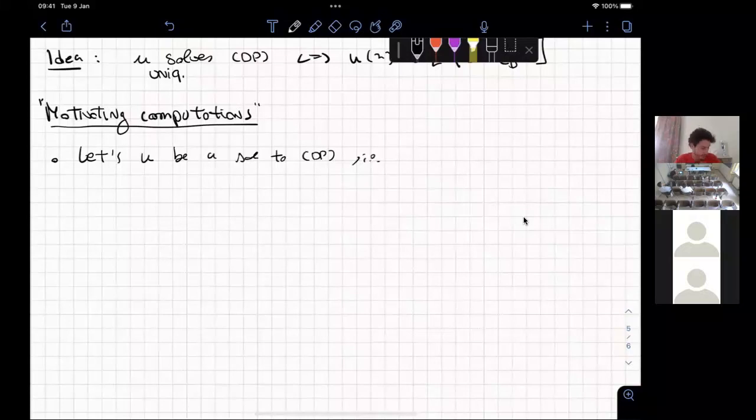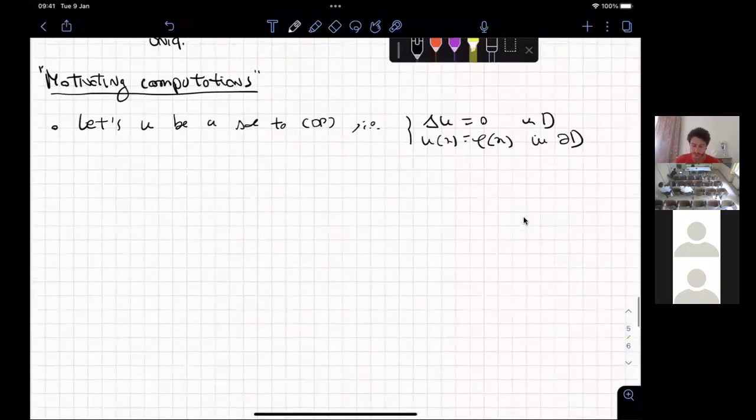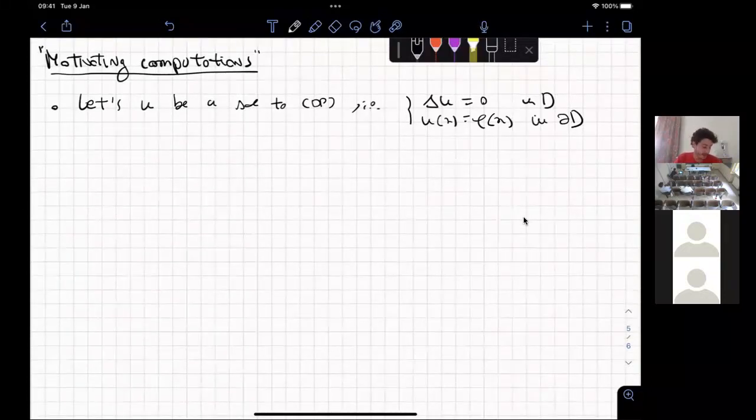That means that these two things happen, where we avoid the regularity stuff. Then what we can do is take U. If U solves the Dirichlet problem, U is C2, at least in D. So what we can do is the Ito formula of U composed with B, the Brownian motion.